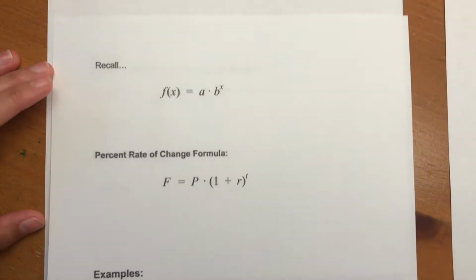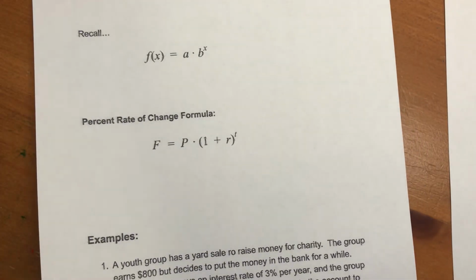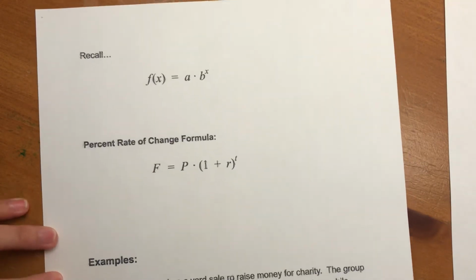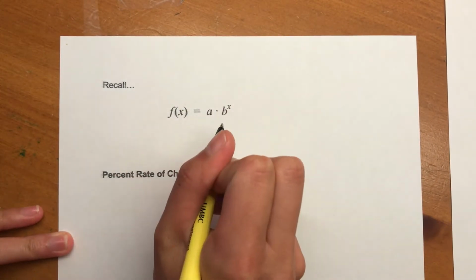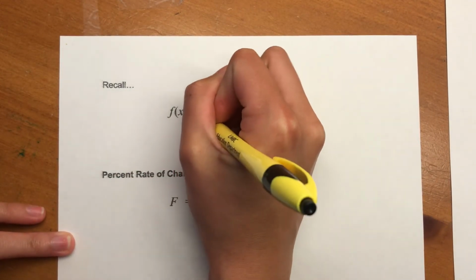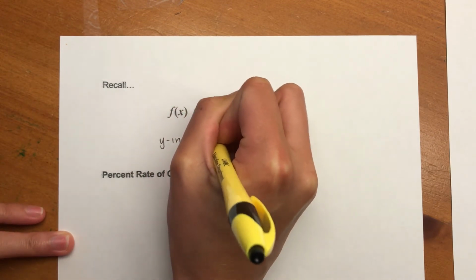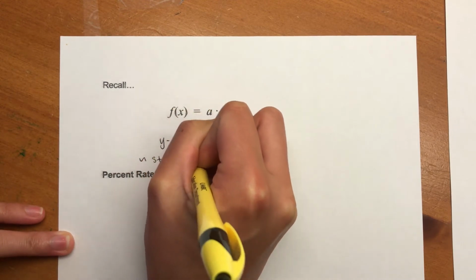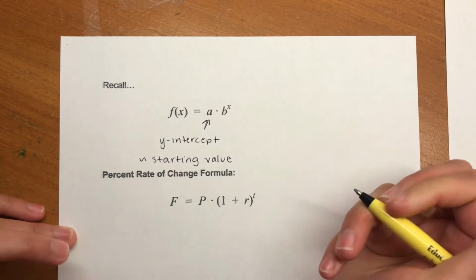Real quick, I want to recall our old definitions, right? So we used to have this formula, which is still our basic exponent formula. F of x equals a times b to the x, where a is our y-intercept, which would also be the starting value, or the initial value, the starting point, right?